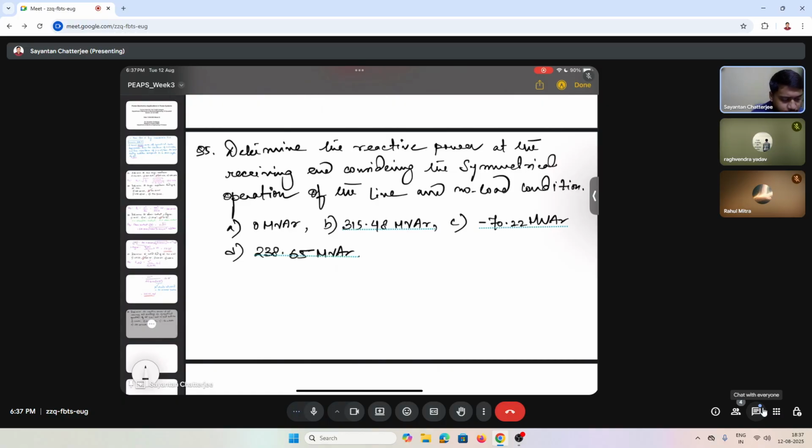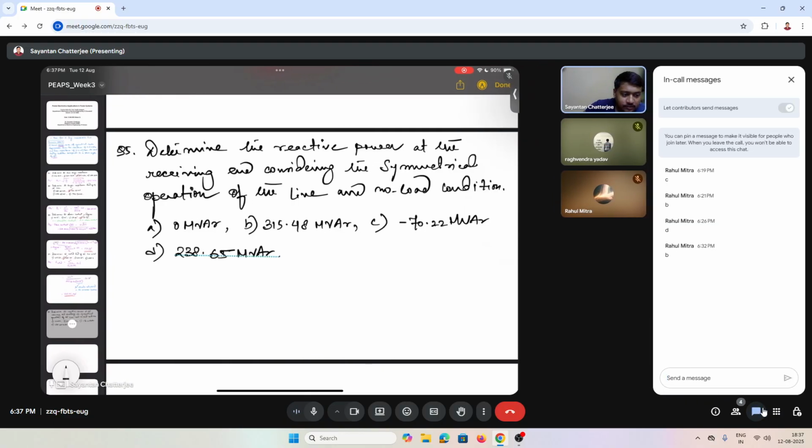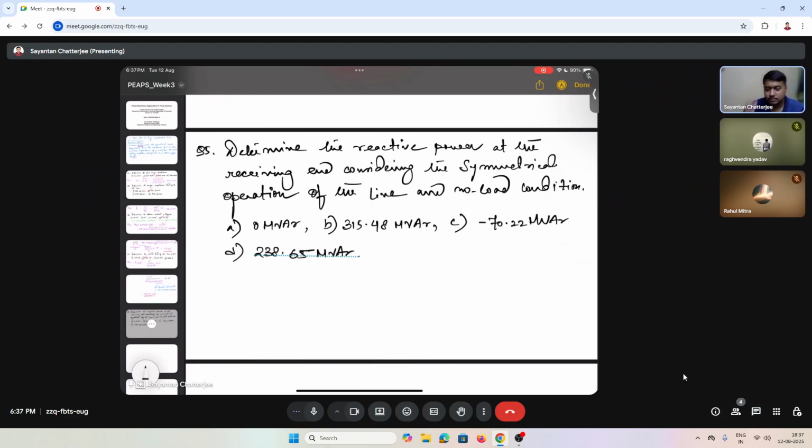The condition for symmetrical operation, I guess it's clear, right? The assumption is that the lines are symmetrical. This eases solving these problems. So what's the effect of lines being symmetrical?